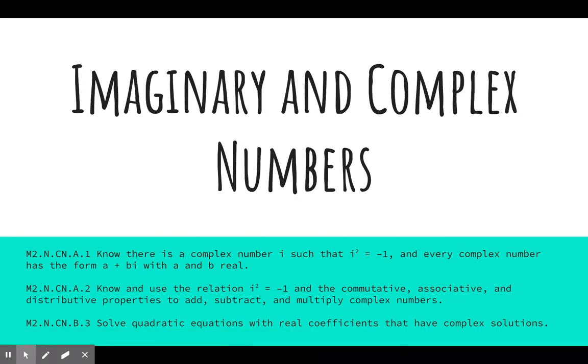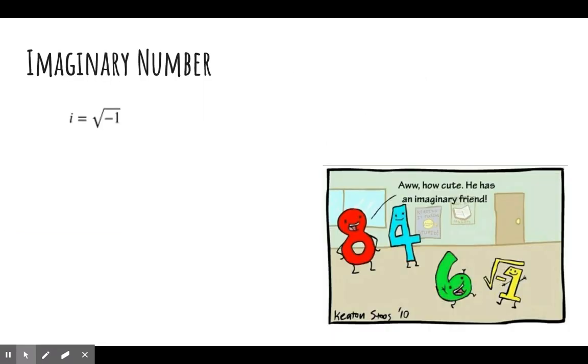In this lesson, you will learn to work with imaginary and complex numbers. An imaginary number is defined by i equals the square root of -1. So if we square both sides, i squared equals the square root of -1 squared.